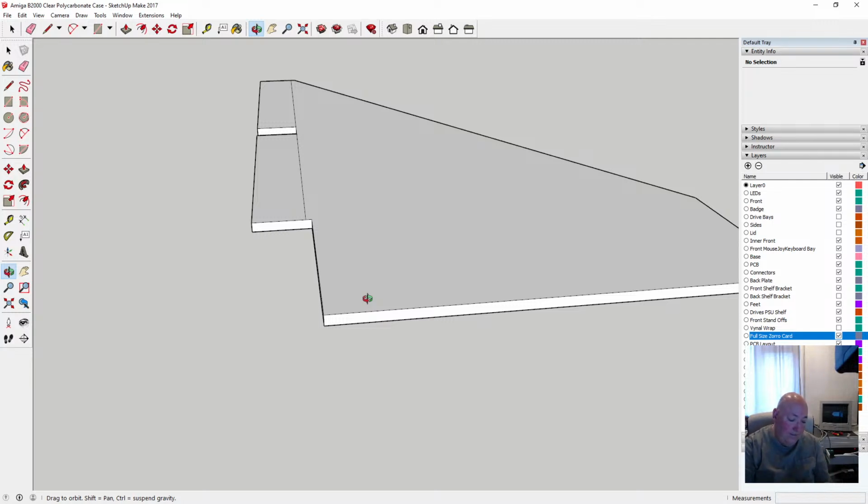So we've got from the edge 3.5mm. Yeah. So we've got one at 3.5mm. It's set back 3.5mm.